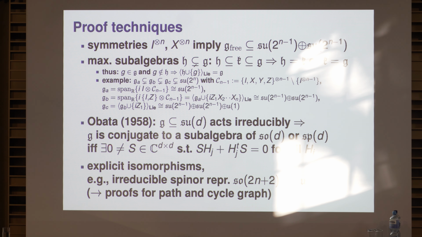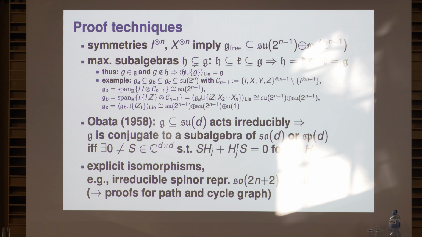I think this was shortly mentioned already in response to a question. The other thing is, if you act irreducibly on some block, you want to know whether it's like an SO or Sp and so on, and you get this Obata condition, which is essentially the unitary version of the Frobenius-Schur indicator.